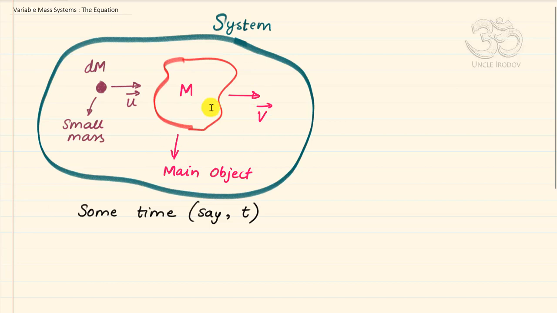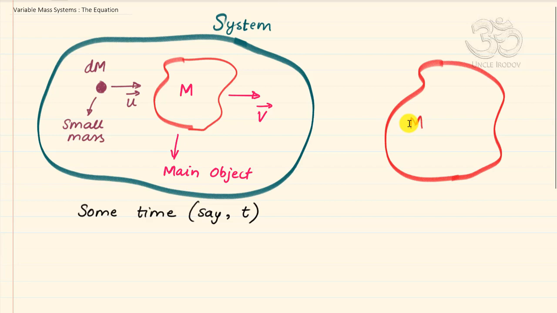And this is the situation at some time t, and what happens at a time dt later is that this dm goes and hits this m and merges with it. So there is a completely inelastic collision, let us say. So what happens dt time later is that this guy has got a mass of m plus dm now, because that small mass has merged into the main object.